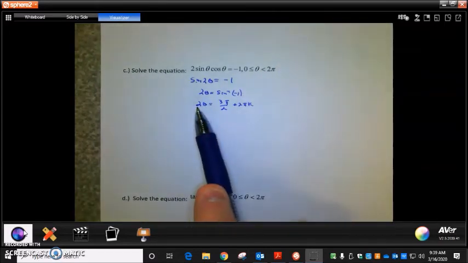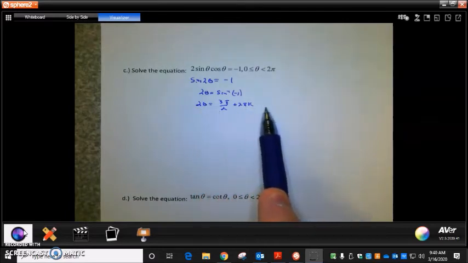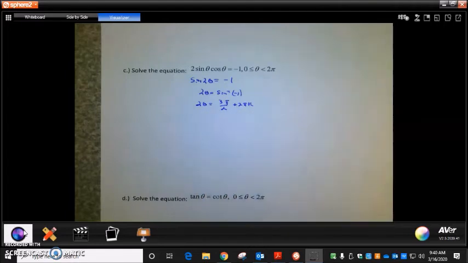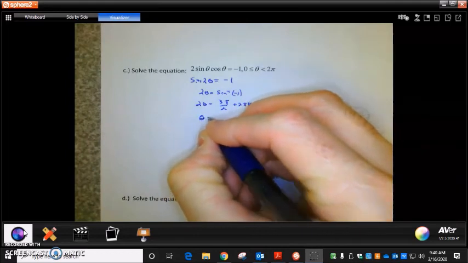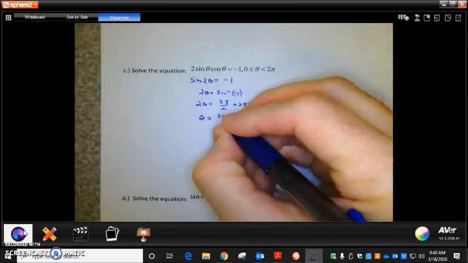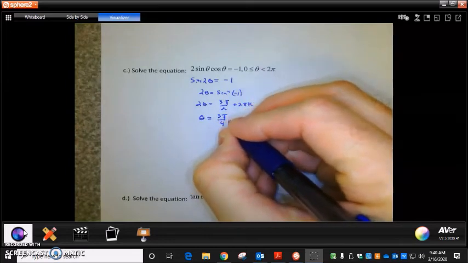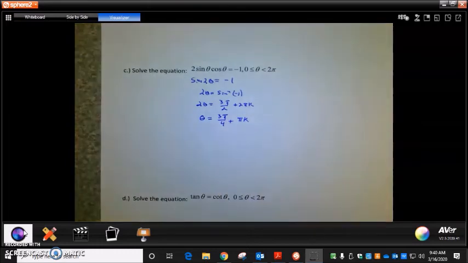But because there's a number in front of the theta, and because to solve for theta, I have to divide everything by that 2, it's going to change this. If I divide everything by 2, I'm going to get 3 pi over 4, and I'm going to get 1 pi k.